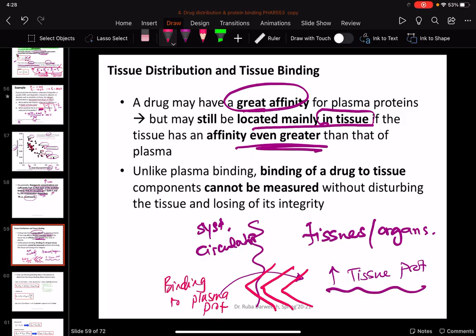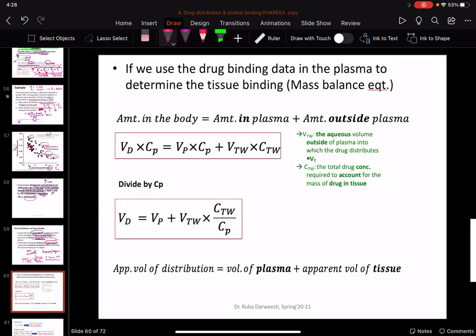Okay, we have a problem, as we mentioned before. We can't measure the concentration or the amount of the drug in the tissues because of an experimental problem. It's not feasible. That's why we need to go around it in a different way, using samples that we can measure.